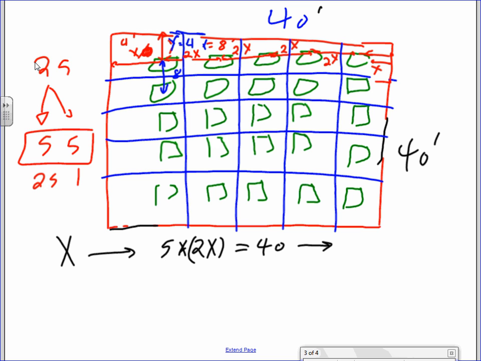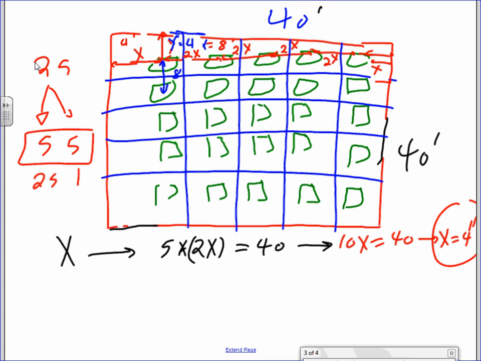Okay, 1, 2, 3, 4, and these two together make a 5. That will give me 10x equal 40, and x equals 4 feet. My x is equal 4 feet.